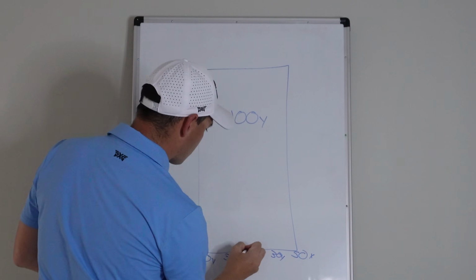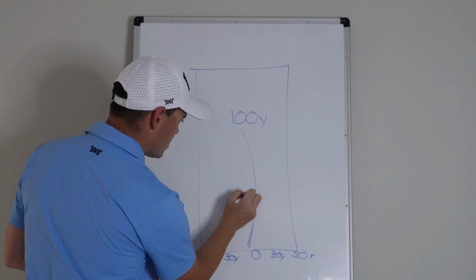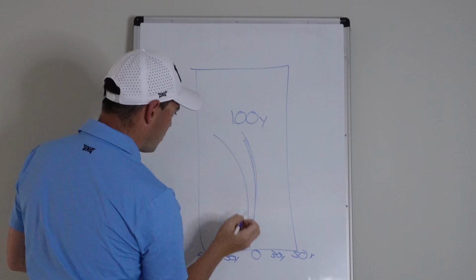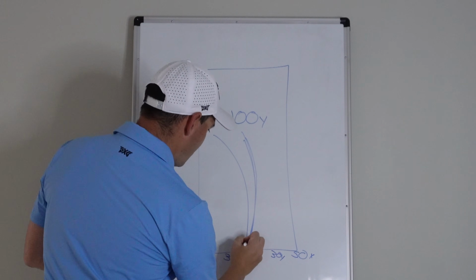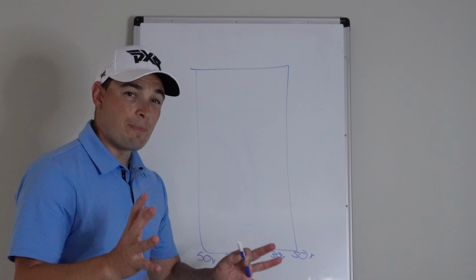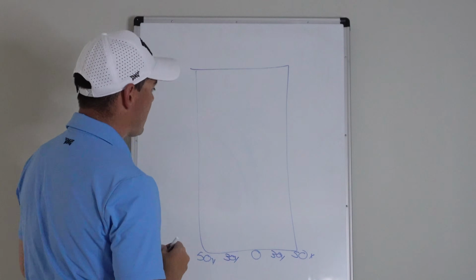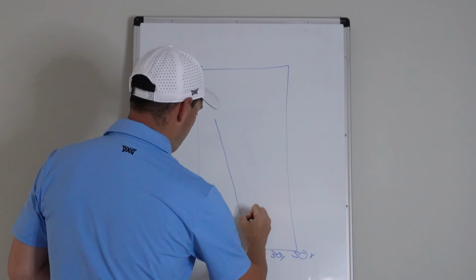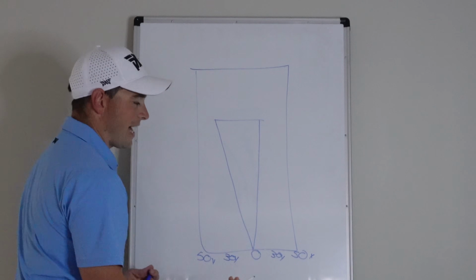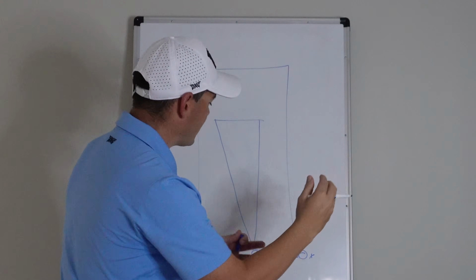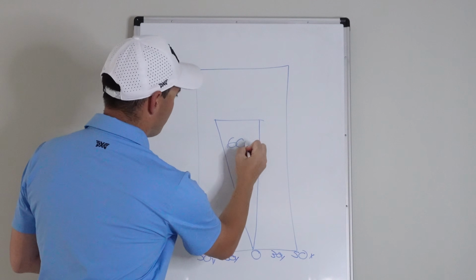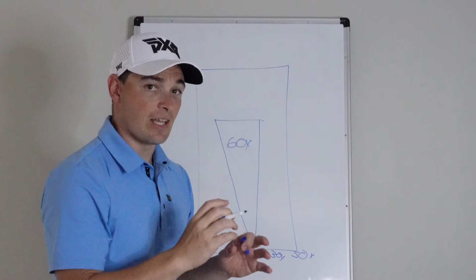So everyone thinks Rory hits these high bombs, these high draws, but in reality, Rory hits the occasional ball 30 yards left, and he also hits that occasional ball 30 yards right. So basically, even someone like Rory McIlroy has a dispersion pattern that looks a little bit like that. So he misses it on the right and the left, 30 yards left, 30 yards right, giving him a total of 60 yards left to right.